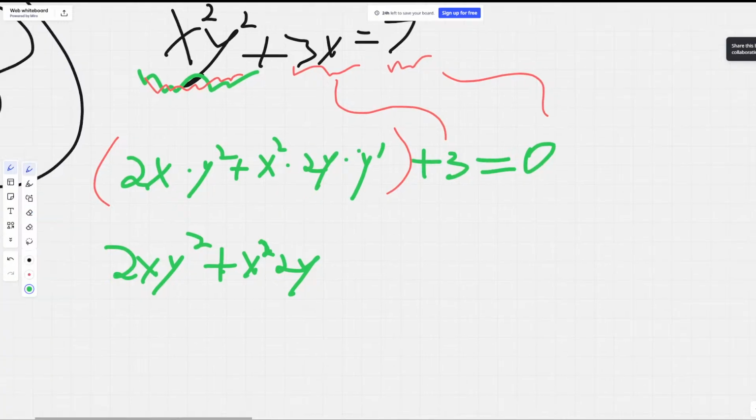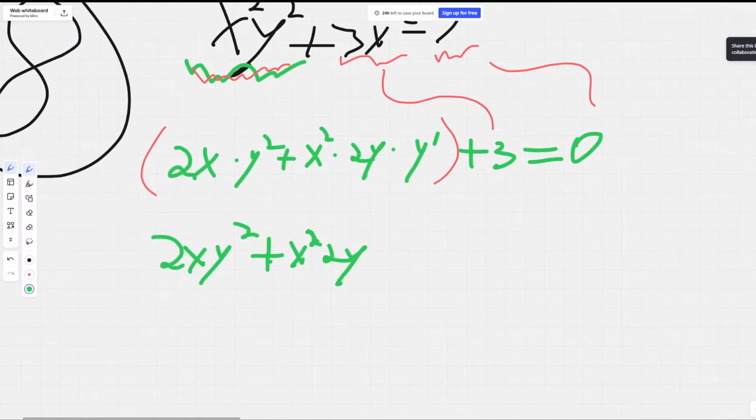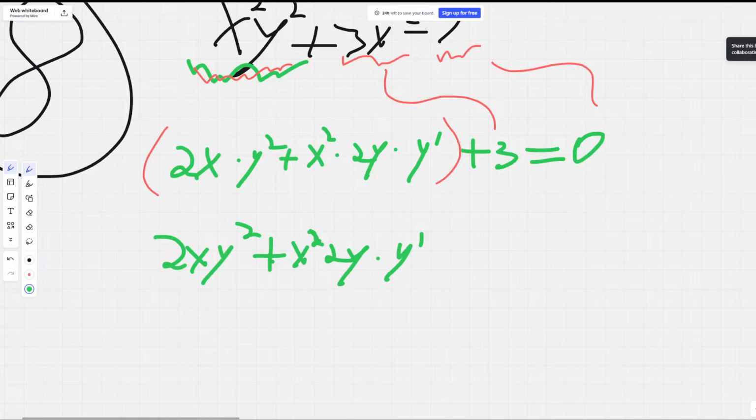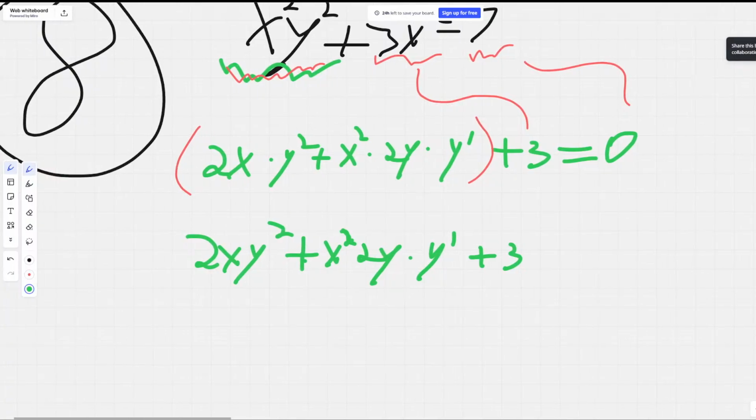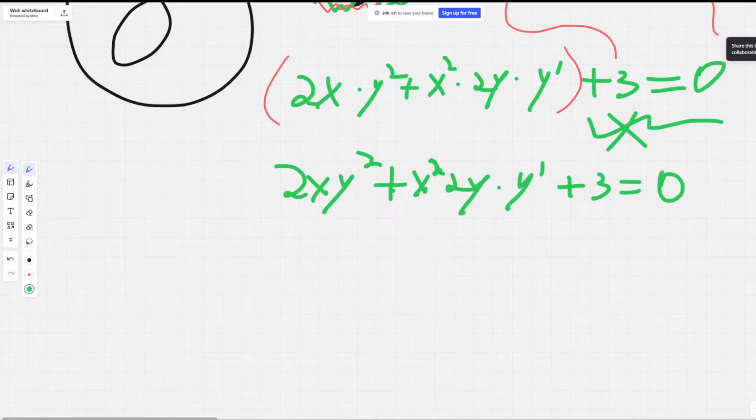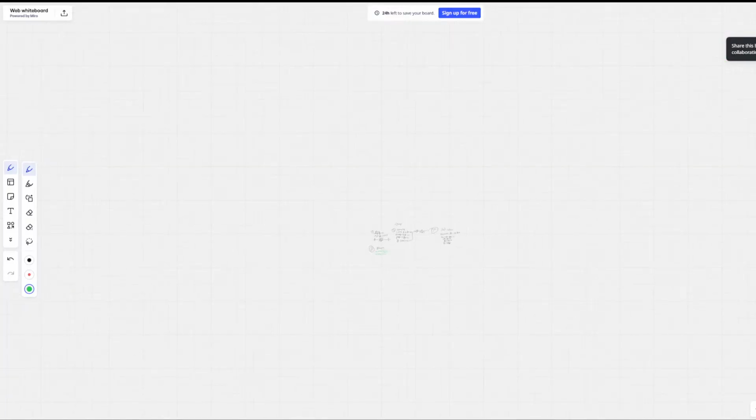Y, okay, y prime, plus 3 equals 0. Suppose I could have done that in one step. Oh well, it's fine. I have all the space in the world.